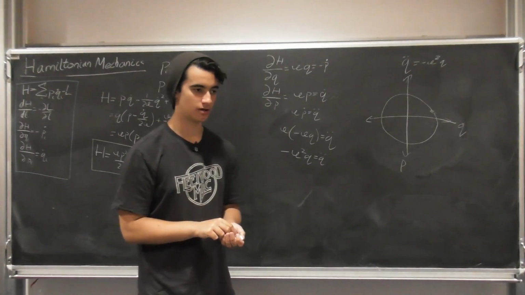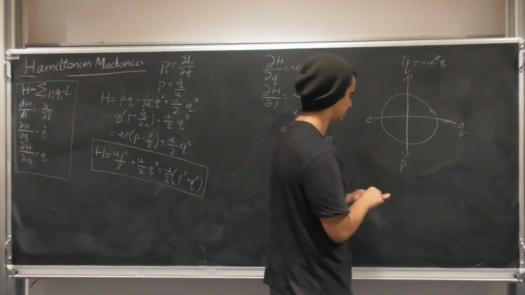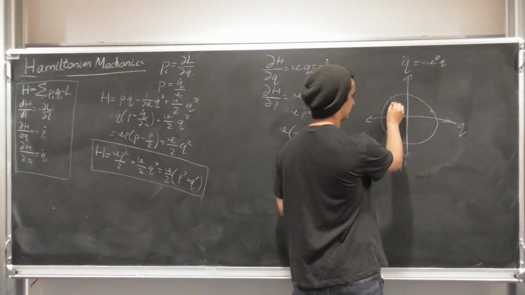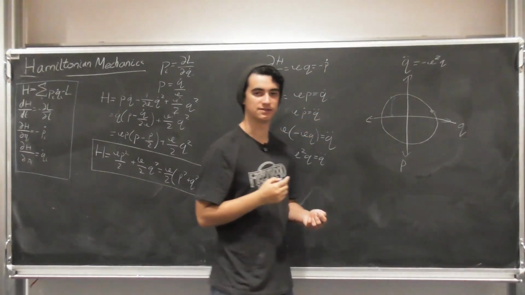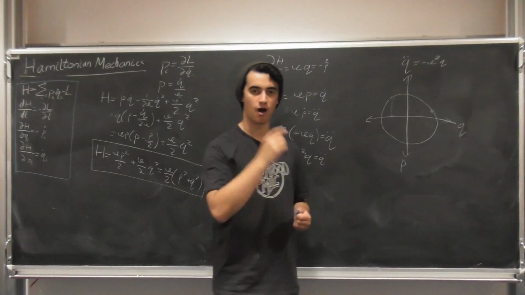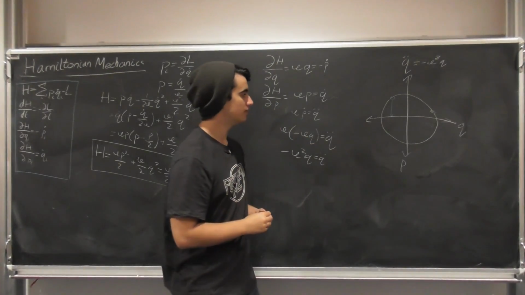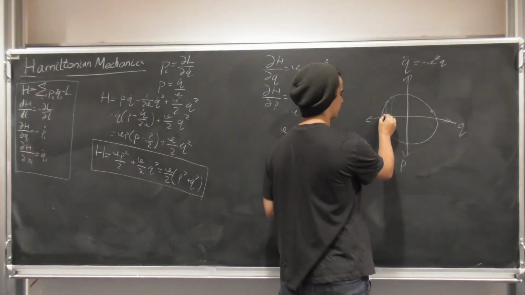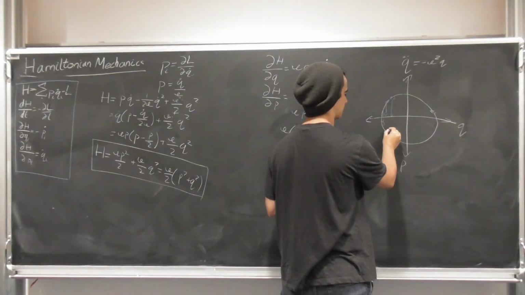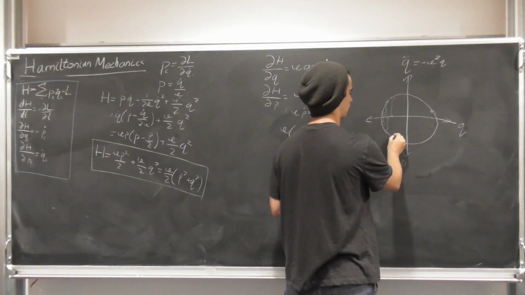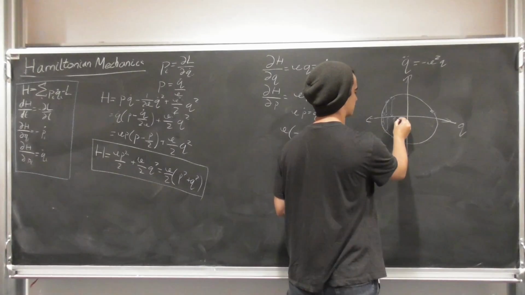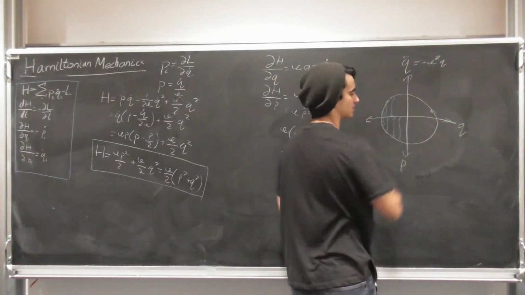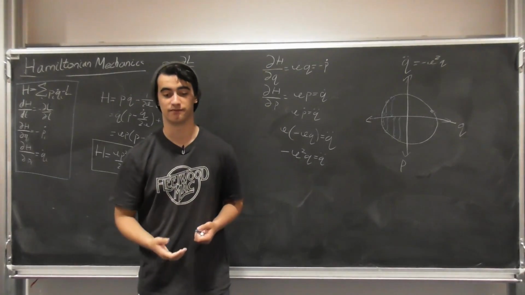But if we take any point here and project it down, we'll see where it is in the position space, along its one axis. If we project all of these up and down, we'll see that it just oscillates back and forth along one axis, which is what we expected to happen anyway.